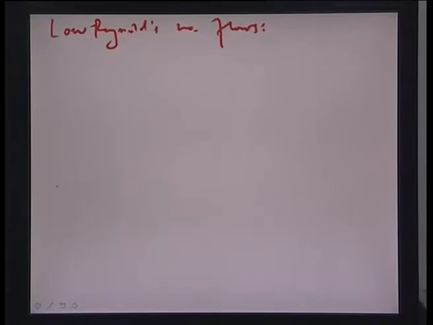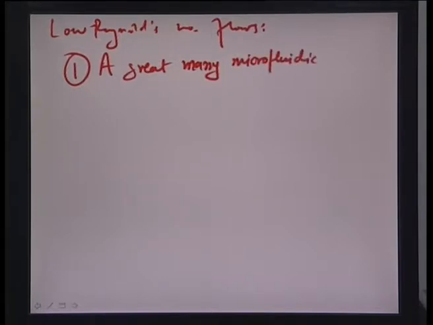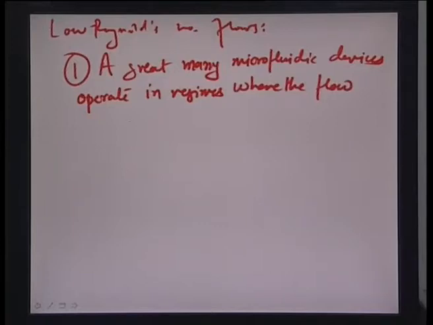Why we actually try to take a low Reynolds number flow is that a great many microfluidic devices operate in regimes where the flow moves slowly, that is number one, and number two, in small dimensions.